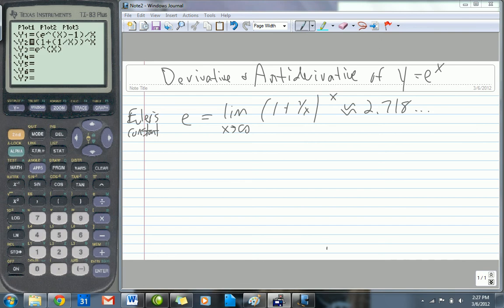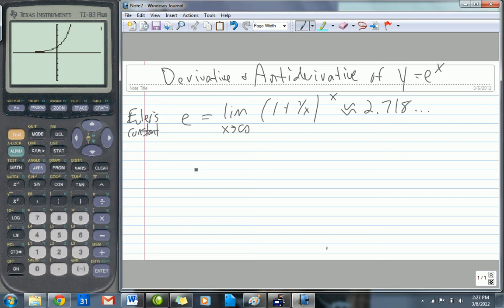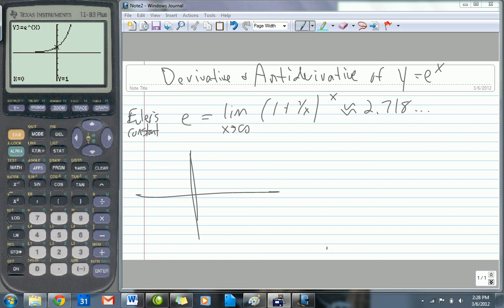The graph of y equals e to the x has some characteristics which we've started to talk about. The graph looks like a basic exponential with a positive base. It has an asymptote y equals 0, which I'm going to exaggerate a little on my rudimentary graph, and it goes through the point (0, 1), because e to the 0 equals 1.